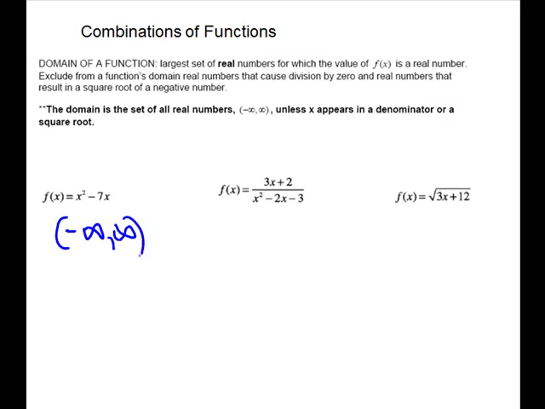The next one, we have a denominator. So we have to see what our exclusions are. We need to know, when is this denominator 0? It is a quadratic. We're going to factor and set each one equal to 0.